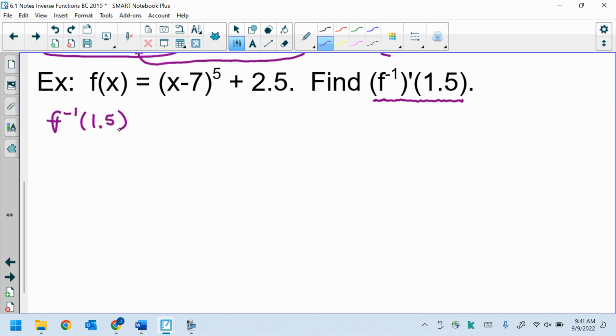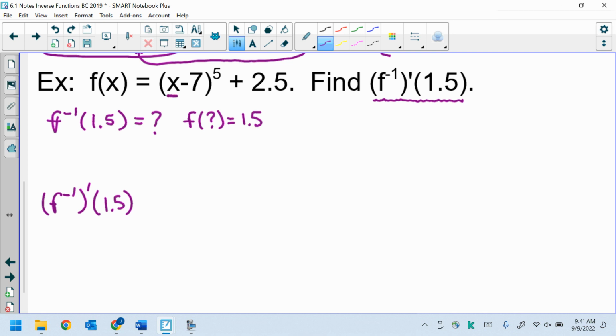I will end by finding f inverse prime of 1.5. Okay. This is equal to question mark. So f of question mark equals 1.5.